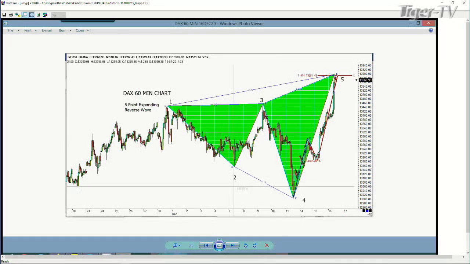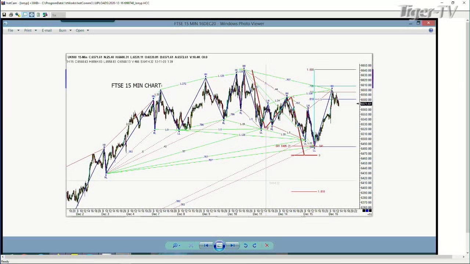Now let's take a look at the FTSE, because it's doing something a whole lot different. Hold on one second here. All I've got to do is find the little puppy. Here it is, right up here. I'm going to cover a few questions, and then I've got a little talk about history.